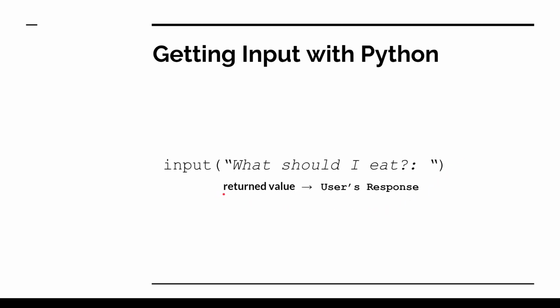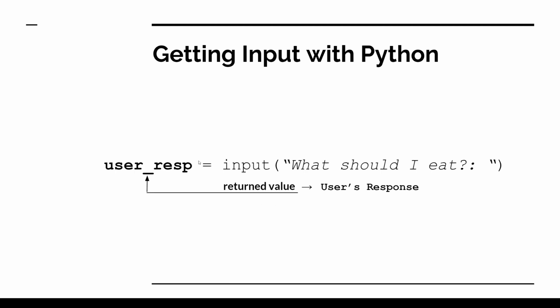So input returns a value, and that return value in this case is the user's response. So let's take a look here. If I type in what should I eat, the computer holds onto that data through the input function, and it needs a place for it to go. So I can store it in a variable like user_resp, which is just a short way of saying user response, right? And then I can use that user's response at any point in the program for any purpose.